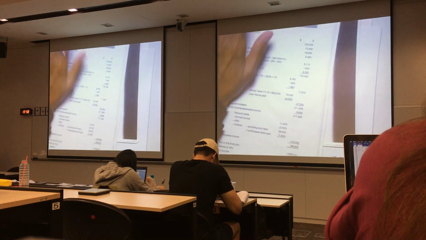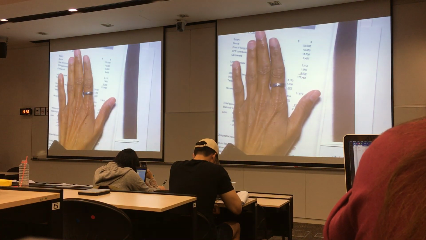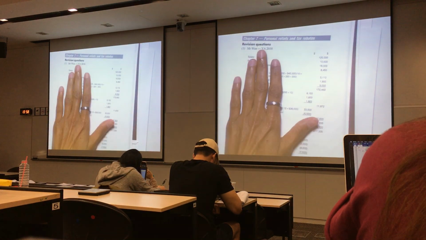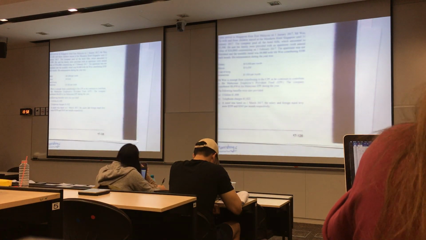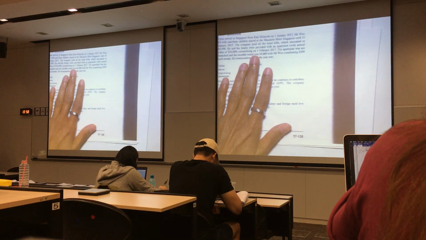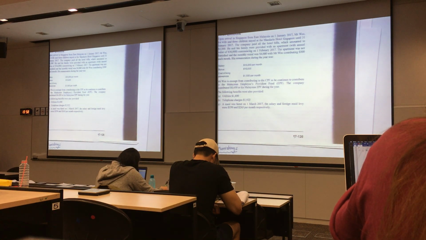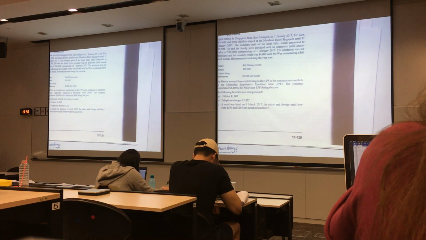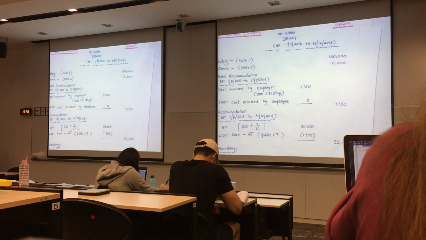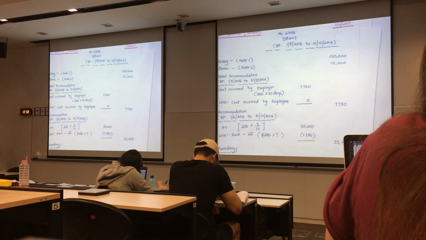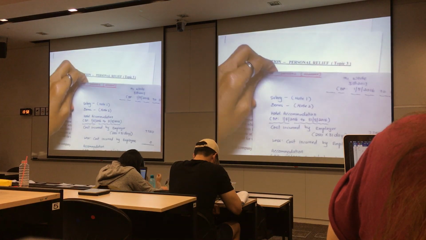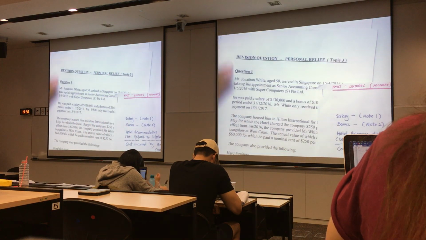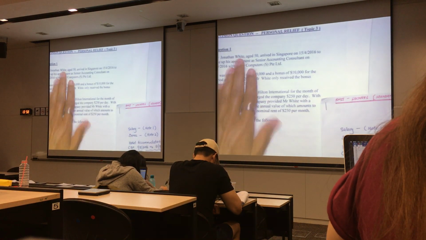This is a list of suggested solution answers for the questions given to you at the back of your Chapter 7 text workbook on personal relief and rebates. Go through, and this one we have already done. I think most of you are now in. So start. Okay, this segment, we are done.